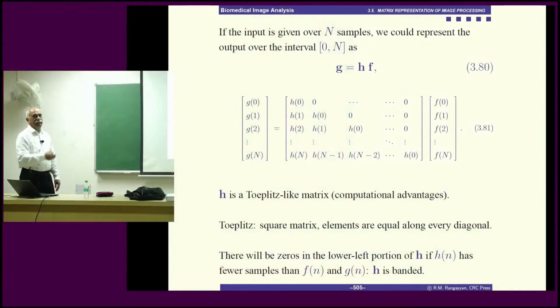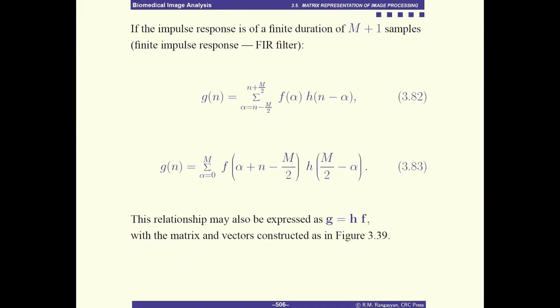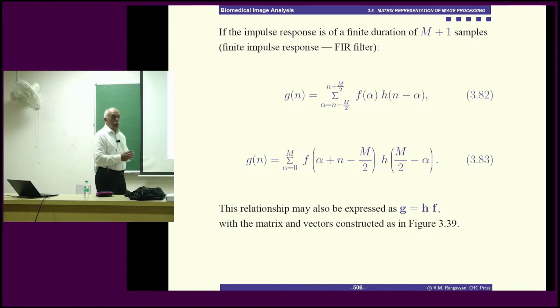So G equal to HF is convolution. If the impulse response has a finite duration of m plus 1 samples, FIR filter, then you may center the impulse response at the point where you're getting the output, both sides.